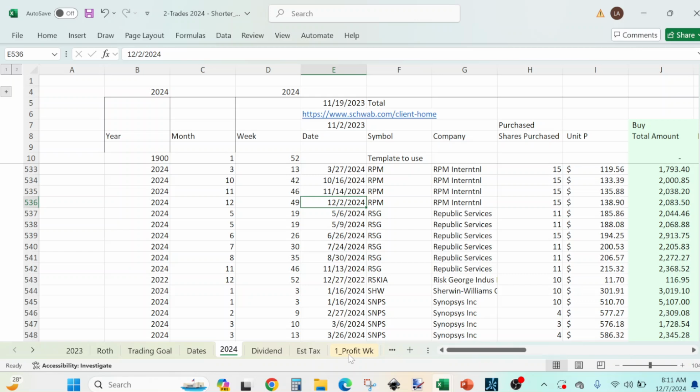And on the 3rd, we bought multiple things. So we'll start with WM.